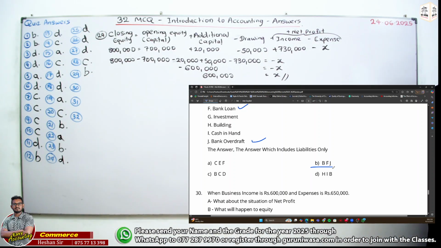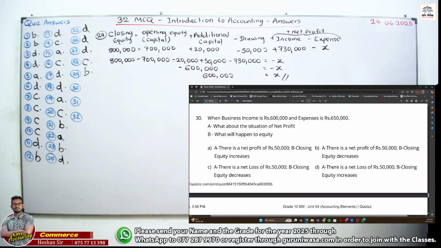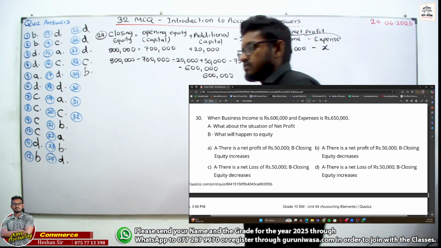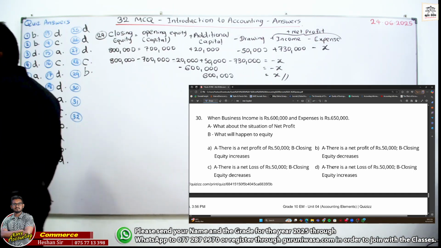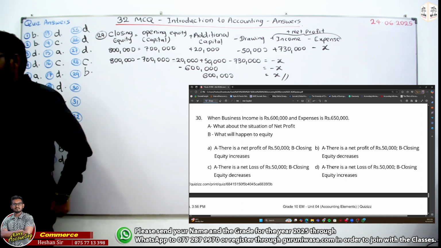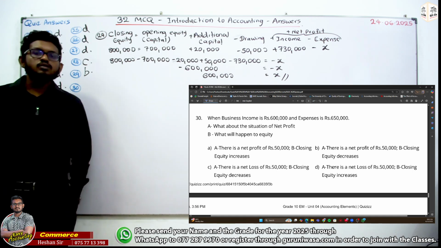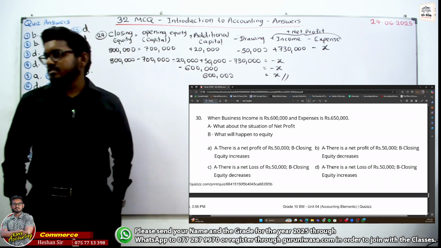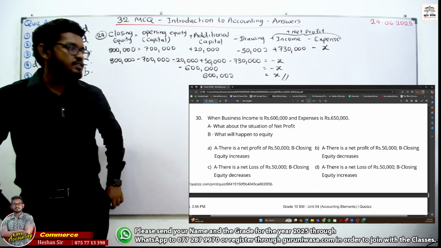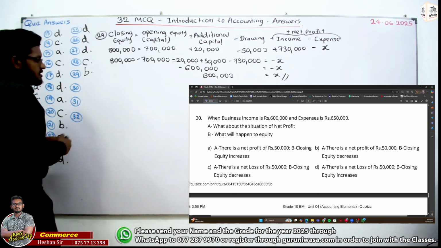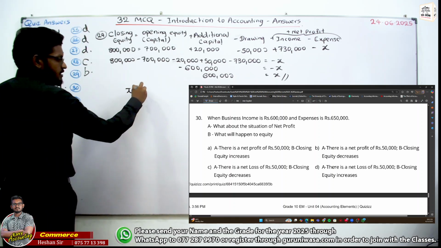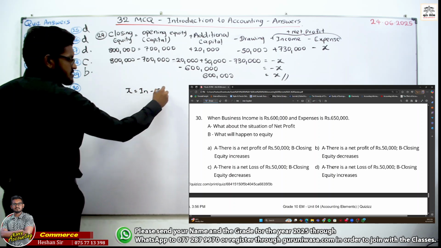Next one. When business income is 600,000 and expense is 650,000, what is the situation about net profit? Profit equals income minus expenses.